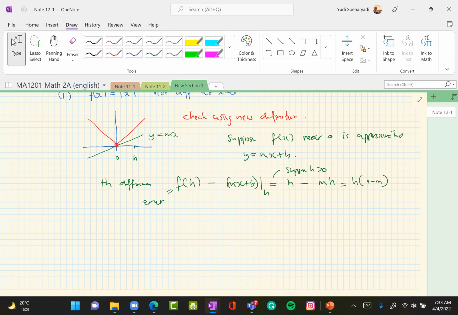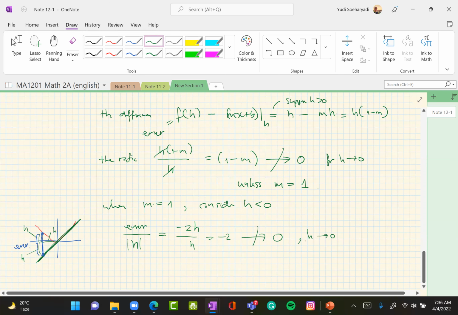So the value is just negative h, right? So the error should be negative h, because this is h, and this is negative h. So sure, it's not going to 0 either when h goes to 0.